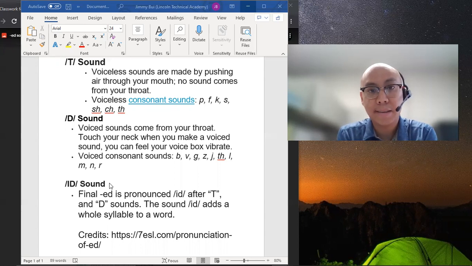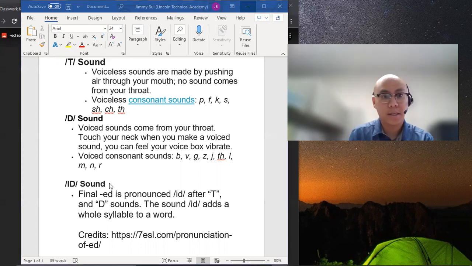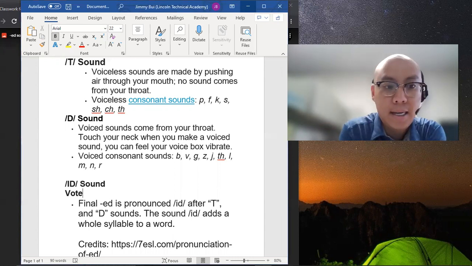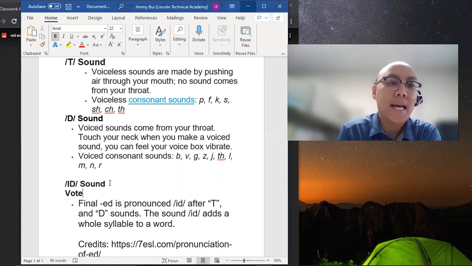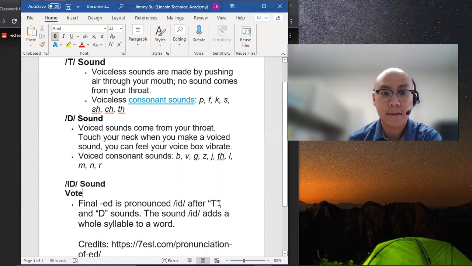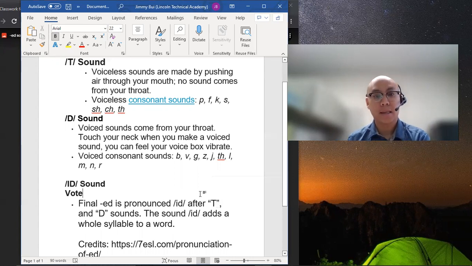Of course, the last letter in the word vote is E, okay? But if you pay attention to the sound of vote, the last sound is t, which is a T sound. And with it being a T sound, we add ed with the id sound.